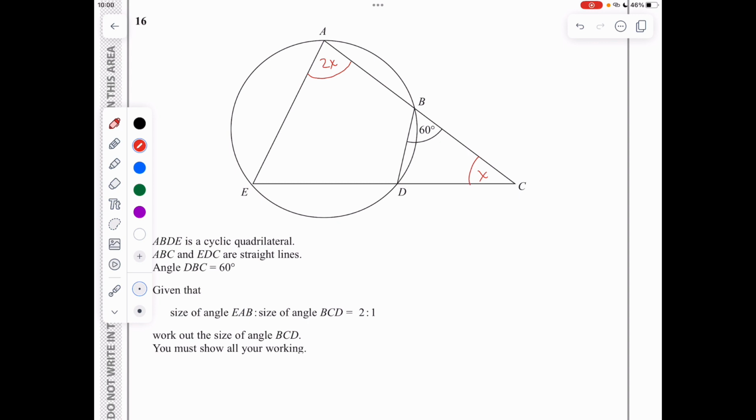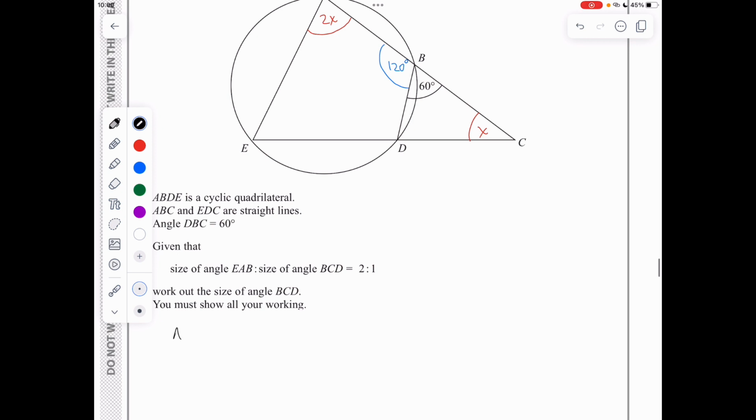And then I will start by noting that angle ABD here should be 120 degrees because we've got angles on a line. So ABD is equal to 120 degrees, and the reason is that angles on a line add up to 180 degrees. I will then proceed in saying that the angle here, the angle DEA should be 60 degrees.